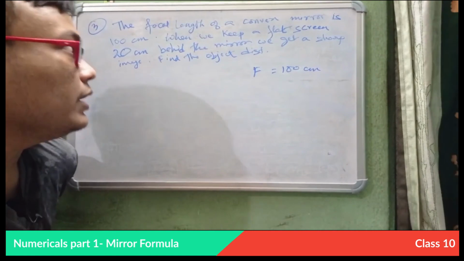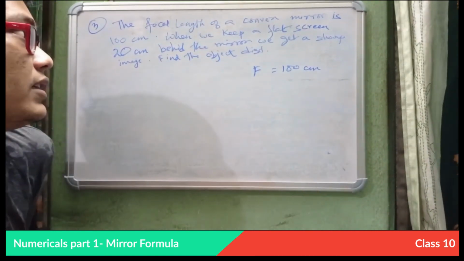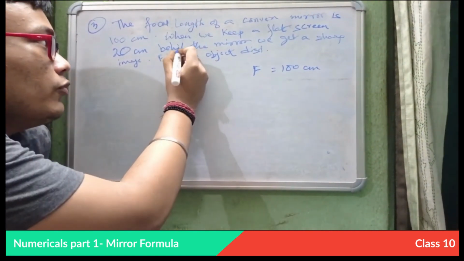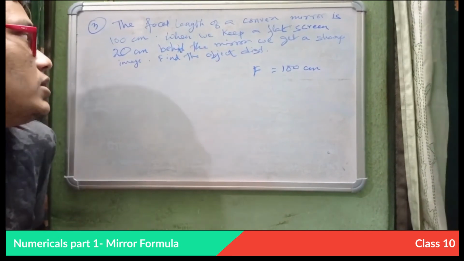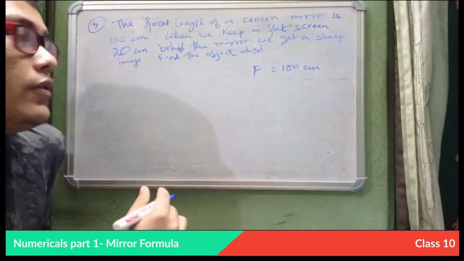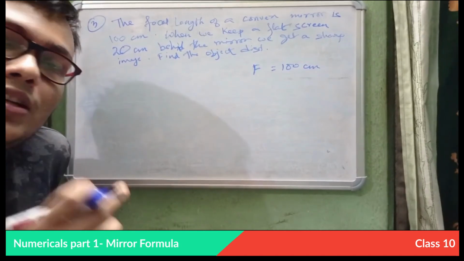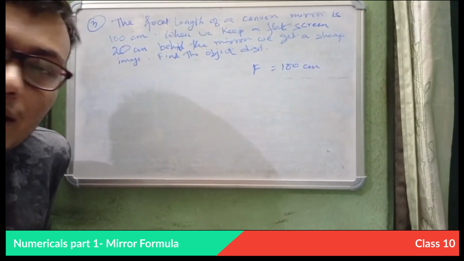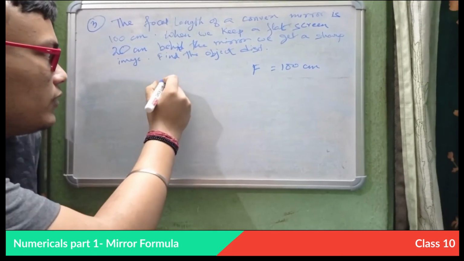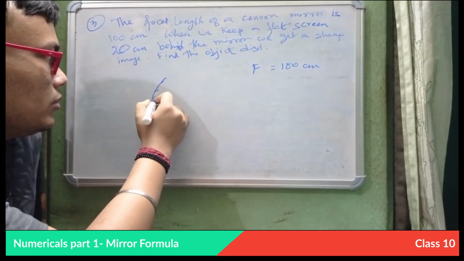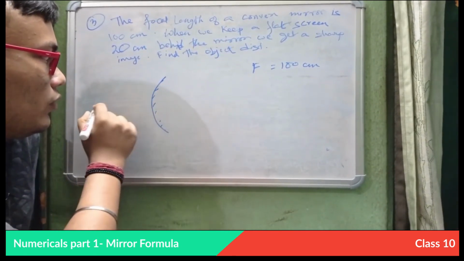What does this sentence mean? When we keep a flat screen 20 centimeters behind the mirror, we get a sharp image. This means that the image is formed over there, right? So that is nothing but the image distance. If I draw a rough sketch, this is the convex mirror.